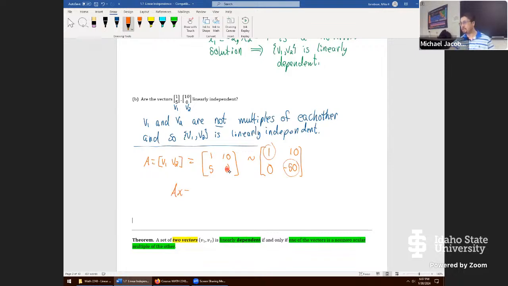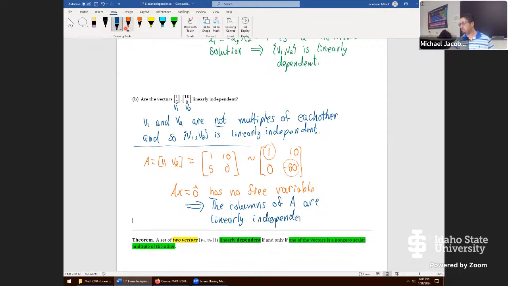This means AX set to the 0 vector has no free variable. And then we would conclude just immediately, this implies the columns of A are linearly independent. So that's a very valid approach for these. And it's in fact the approach we'll take for three vectors essentially all the time.